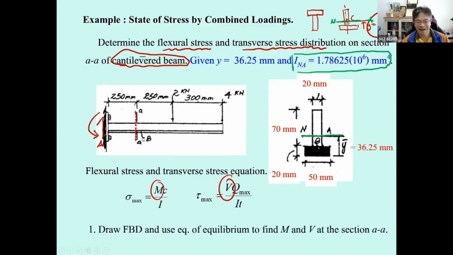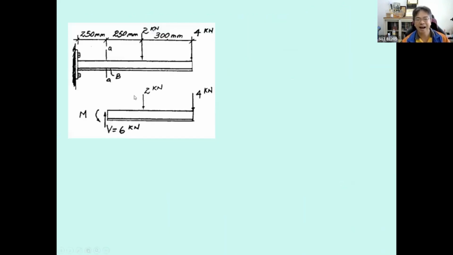Okay, and then from the free body diagram that you have, you just cut the section and then let's set this one as X, and this one as Y. You can determine the summation of F sub Y equal to 0. Upward is positive. So the V is going to be upward, and V - 2 - 4 equal to 0. So the V is going to be 6 kilonewton.